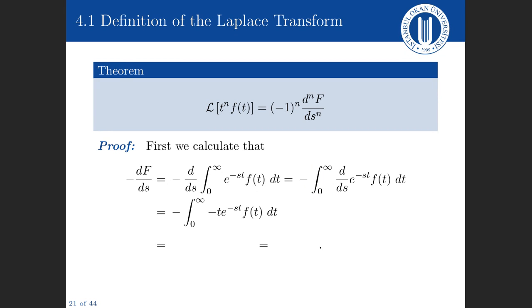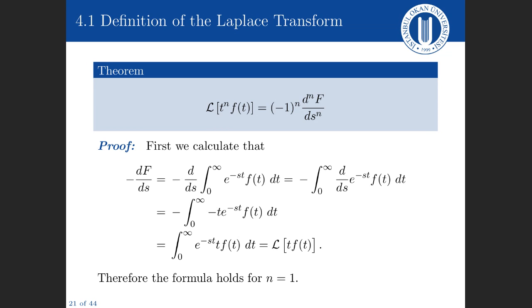So let's differentiate the integrand. We're differentiating with respect to s, so there's only one s. We're only differentiating e to the power minus st to get minus t e to the power minus st. Minus signs will cancel. Rearranging slightly, I have the integral from 0 to infinity of e to the power minus st, t multiplied by f of t.